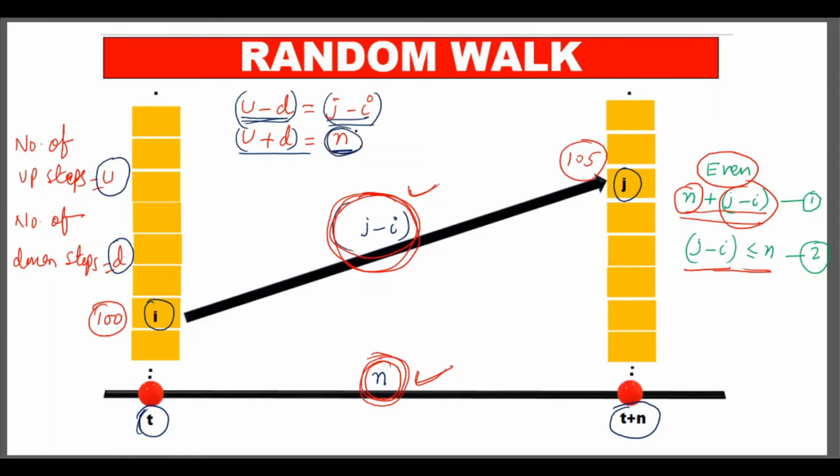So the number of moves will be equal to the number of time periods, up and down combined, and if you subtract, that should give my increment.